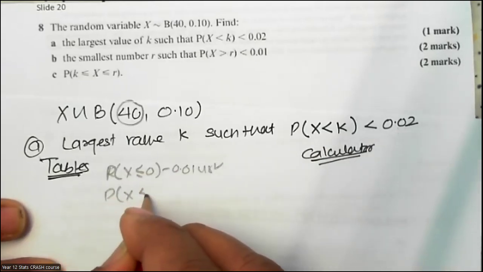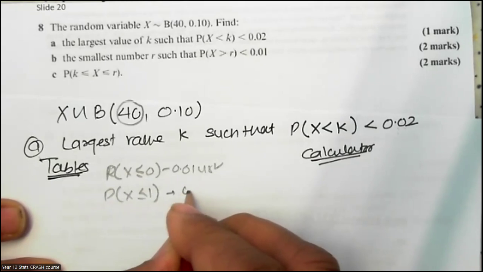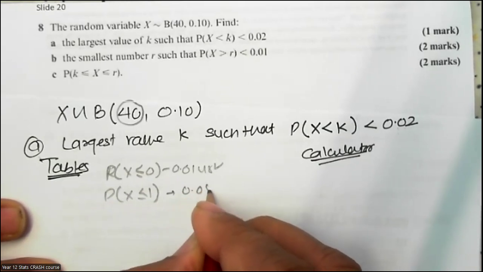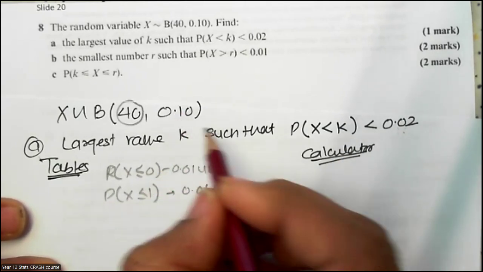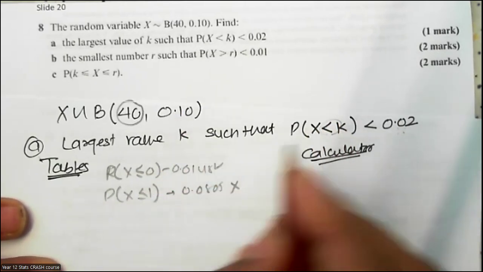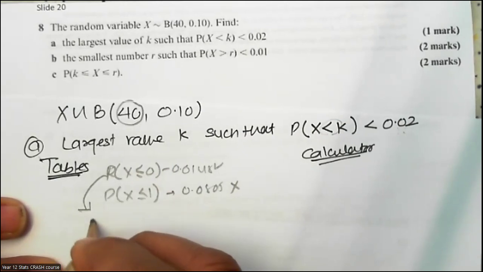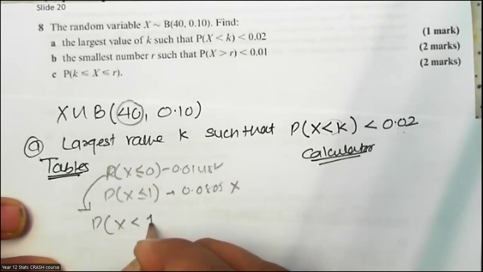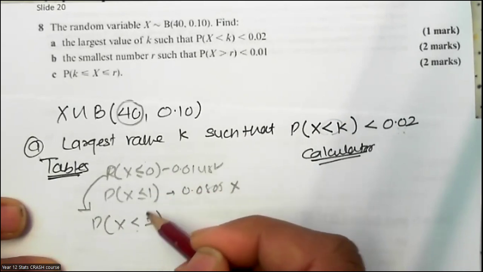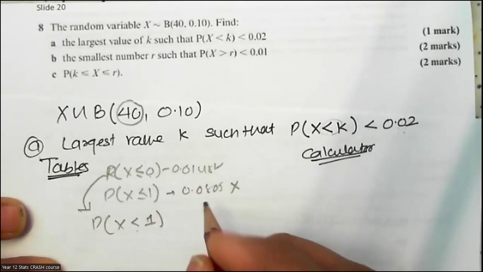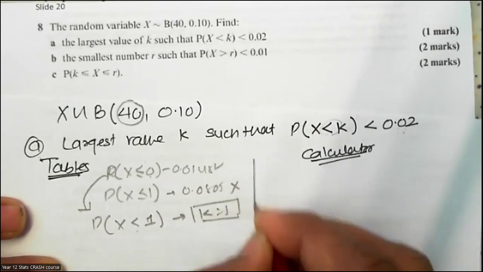Probability of x less than or equal to 1 is 0.0805. That is not what we want. But if you look at it carefully, it says x is less than k, and this probability is x is less than 1. Right? Less than 1 means the same thing as less than or equal to 0 or just equal to 0. So guys, in this case, k is equal to 1.